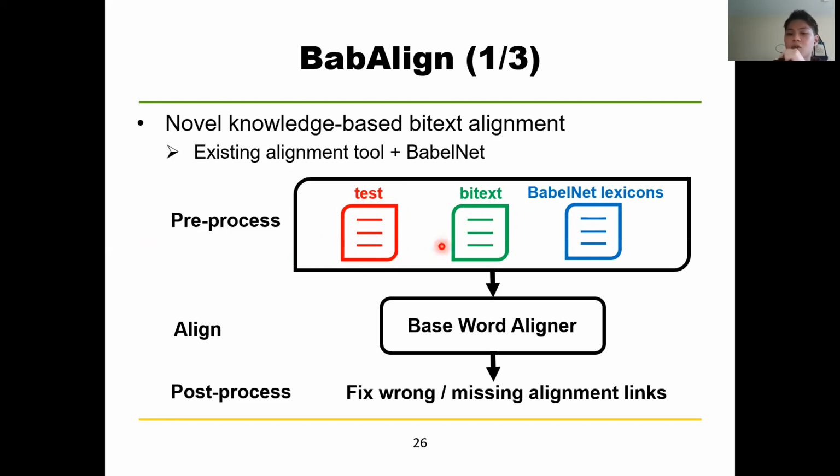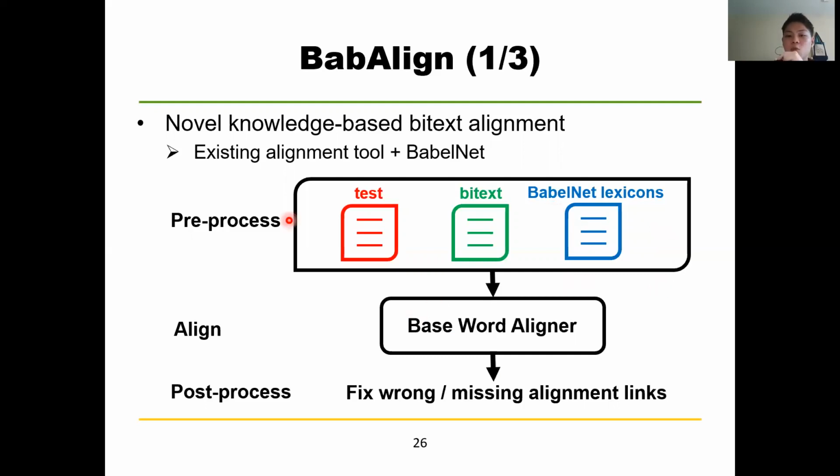So we also add a pre-processed bitext, a large amount of bitext, to complement the size of the data. In addition to that, we also add the translation pairs extracted from BabelNet so that we can bias the word aligner to make predictions for alignment links among varied translation pairs appearing in BabelNet.